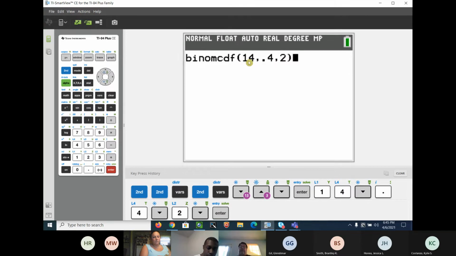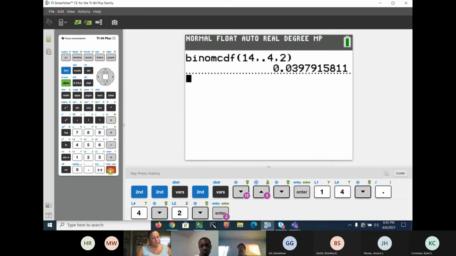So you type in 14, then you hit the comma, then 0.4, comma, and 2, and close parentheses. If you do it on the old calculator or the new calculator, you'll come up with 0.0398.